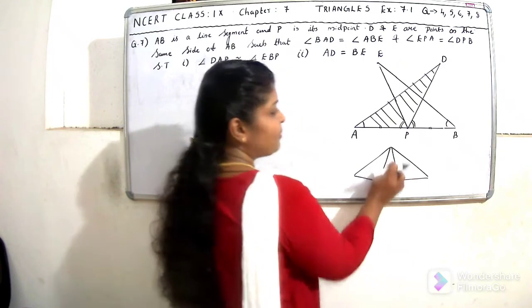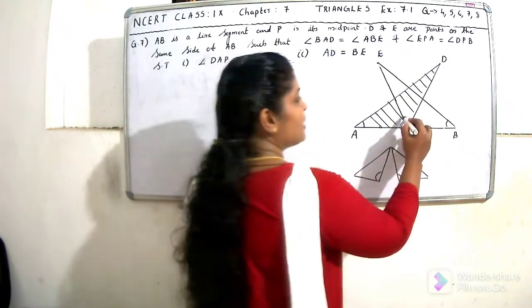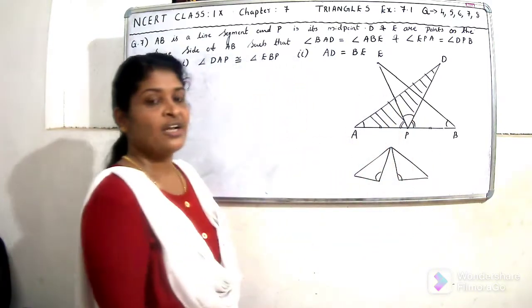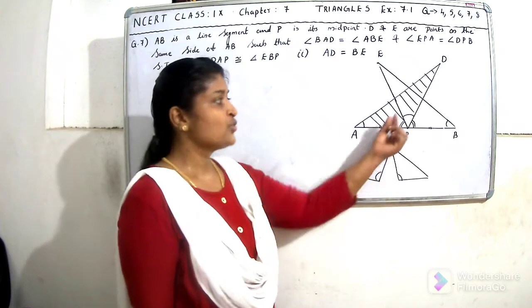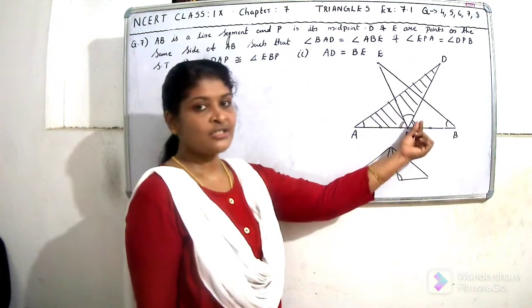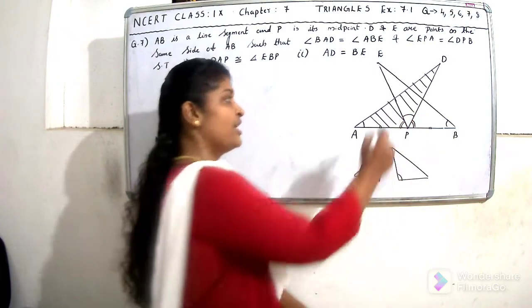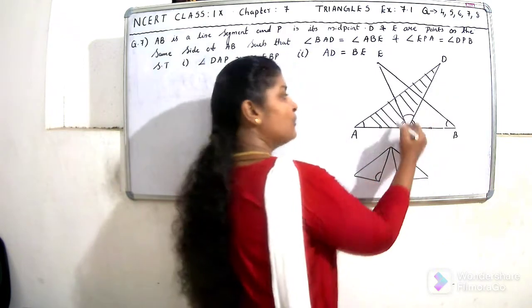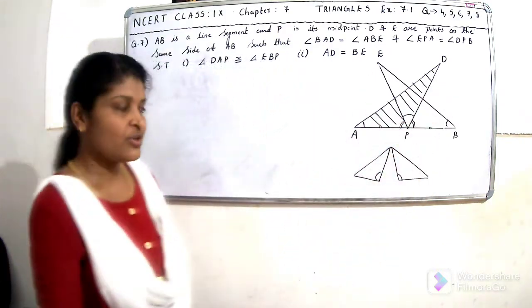Here the common part is missing, that means this common angle for both the triangles. If we add this common angle with both the angles, then in the complete triangle, angle P is equal to the second triangle's angle P. So let us start.